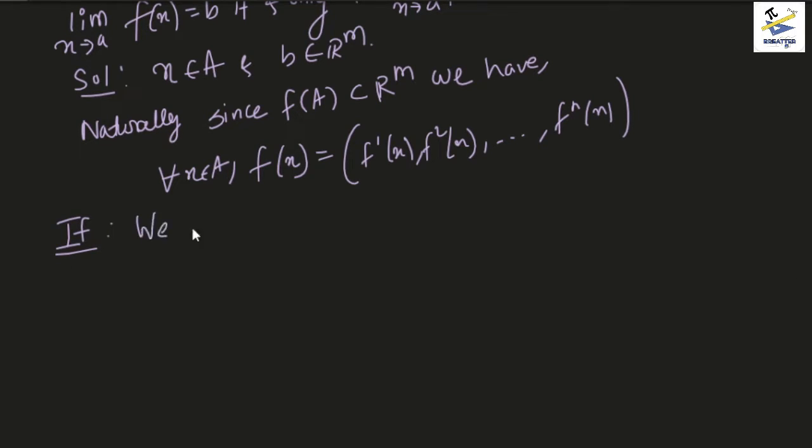So we assume the limit as x tends to a of fi(x) is bi, where b is b1, b2, b3 all the way up to bm.